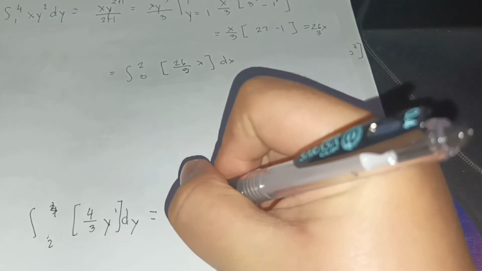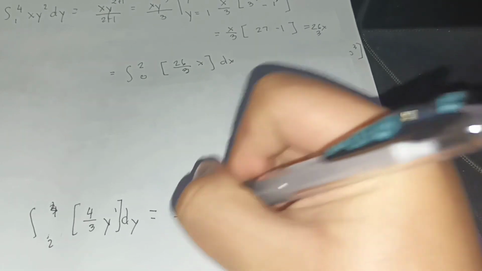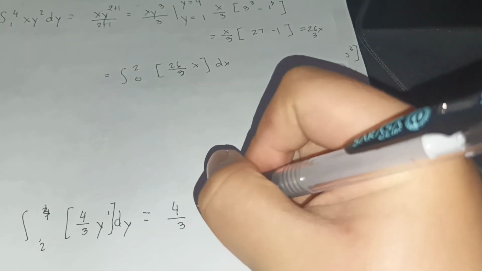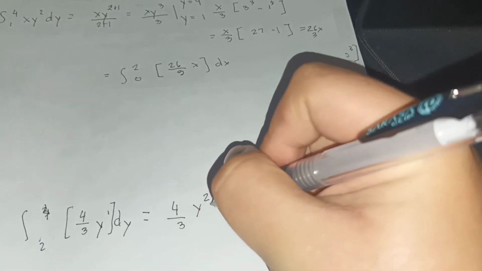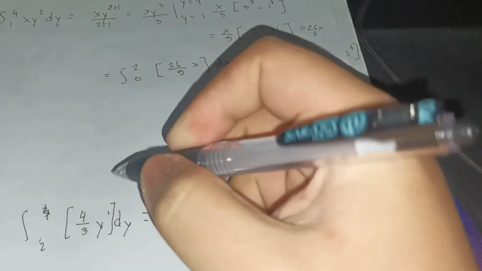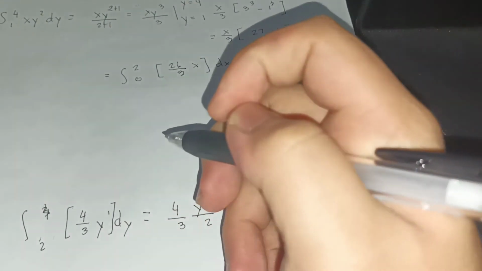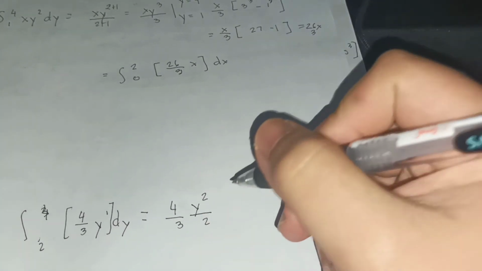Just copy 4/3 and then y squared over 2. The antiderivative of y to the first power is y squared over 2.